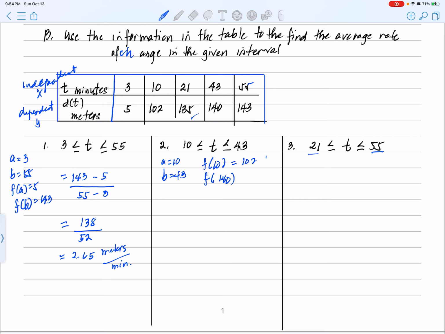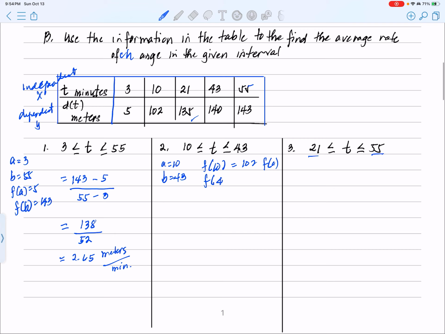This is the f of A, and this is the f of B. Oh, wait, I missed out the function when it's 43. At 43, it is 140. Sorry for that. And this will be your f of B.